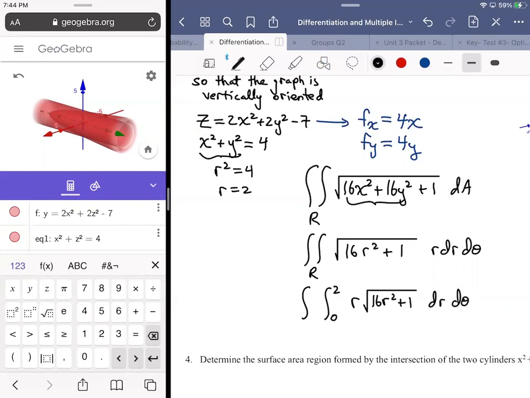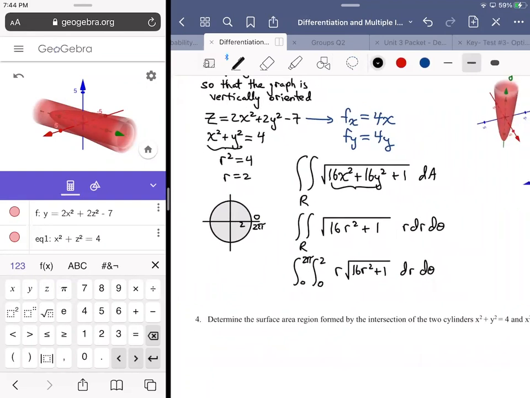Now since it is going all the way around, rather than being restricted based off of some stated domain, we're going with an r value of 2. We are going from 0 to 2 pi. So we crunch this in our Desmos calculator and we'll have it.